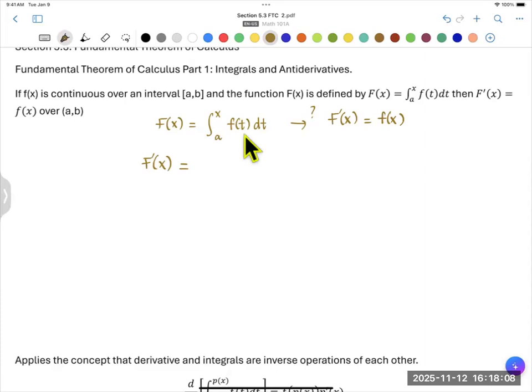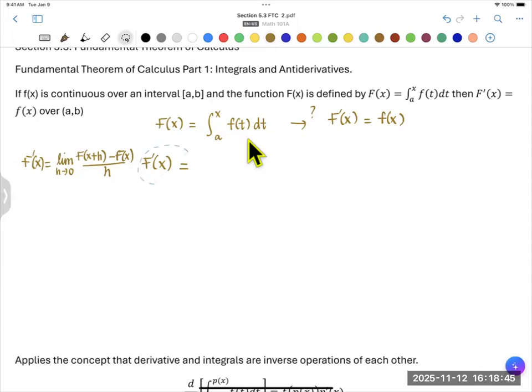But earlier in the chapter, we learned that in order to find the derivative without knowing any rule, we can use the limit, because the derivative of the function is the limit as h approaches 0 of the function with input x plus h minus the function at x, all over h. So we can use that for this.